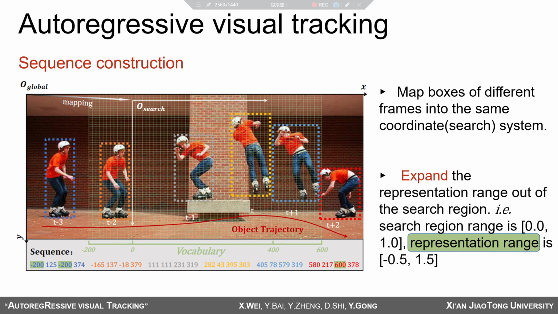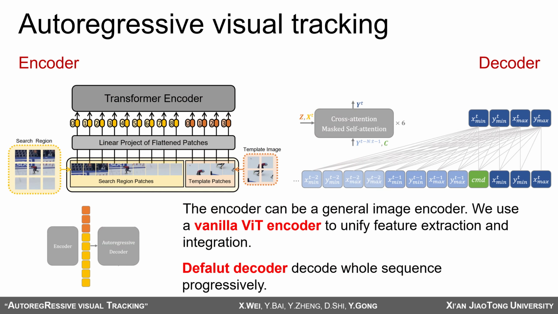To establish a unified representation, we map the bounding boxes from different frames onto a common coordinate system. This is achieved by storing box coordinates in the global coordinate system for preceding frames and subsequently transforming them to the current coordinate system. Additionally, we extend the representation range by scaling it with a multiple of the search region range.